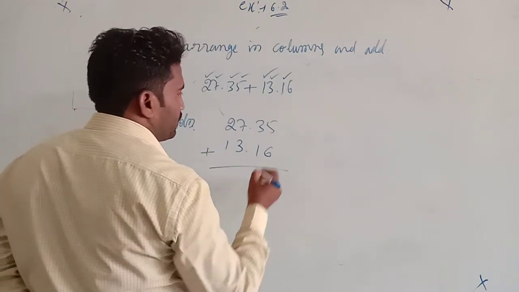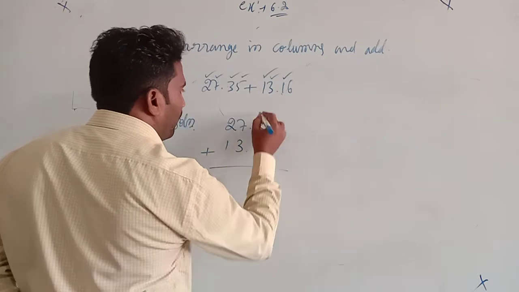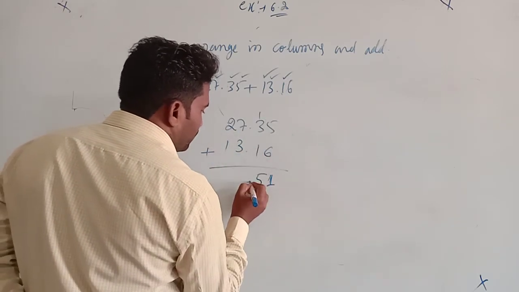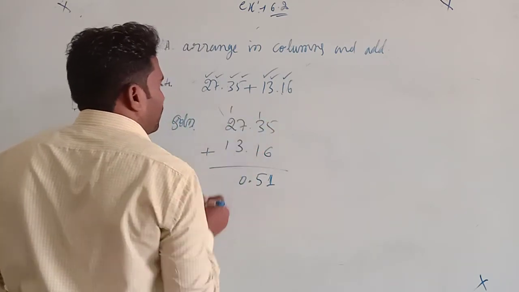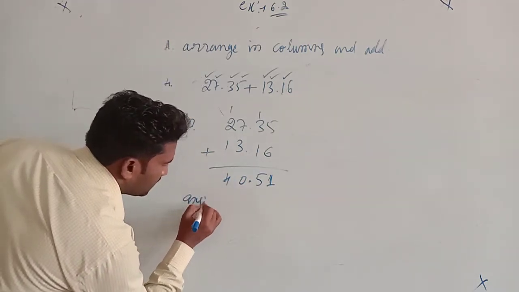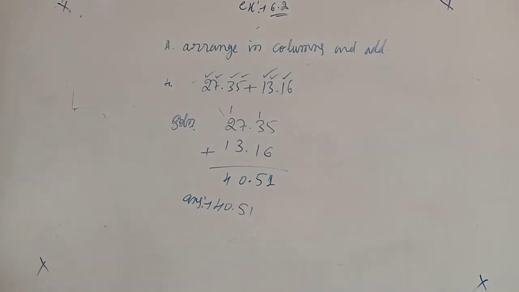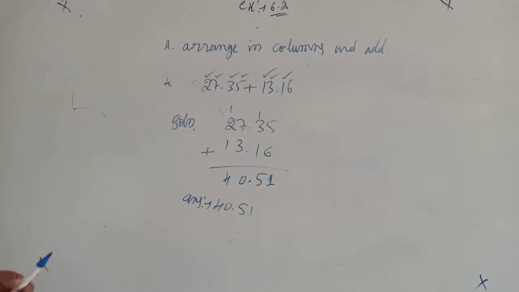When adding these two, 5 plus 6 is 11, write 1, carry 1. 1 plus 3 is 4, 4 plus 1 is 5. Then after the point, 7 plus 3 is 10, write 0, carry 1. 1 plus 2 is 3, 3 plus 1 is 4. So its final answer is 40.51. So the third and fifth ones are for homework.